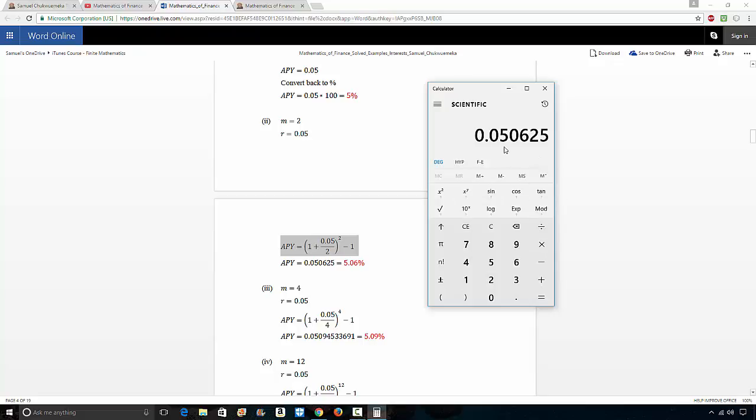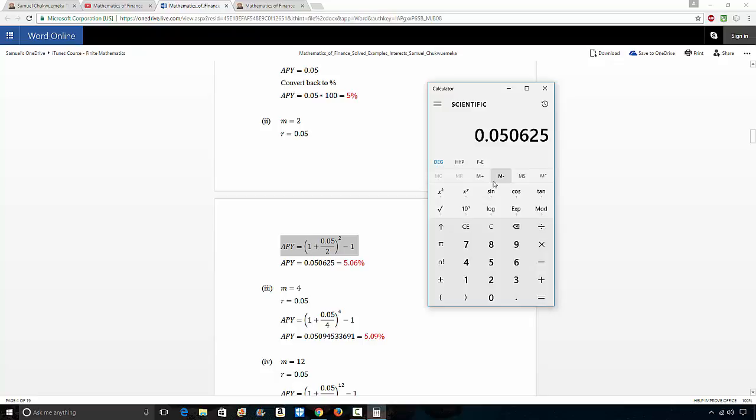And because APY is a rate, when we find it, it is in decimal, but we have to multiply by 100 to keep it in percent. Remember, when they give you rates, it is usually in percent, and when you want to use it, you convert to decimal. But when you are asked to find the rate, APY is the true interest rate, you find it in decimal, but in your final answer, you convert it back to percent.